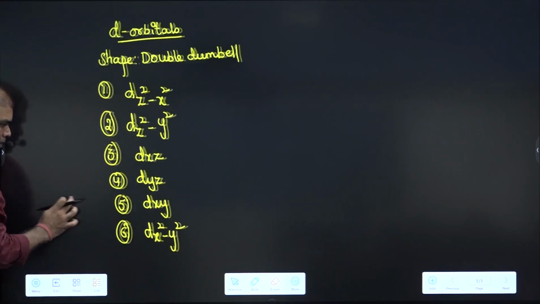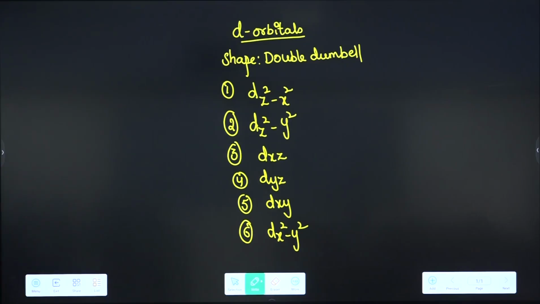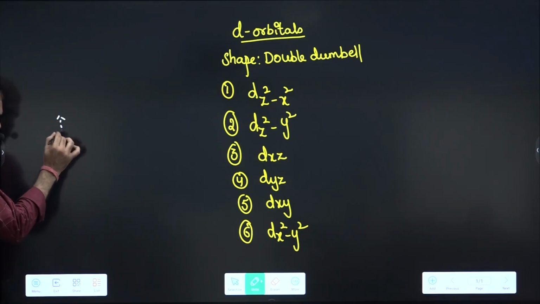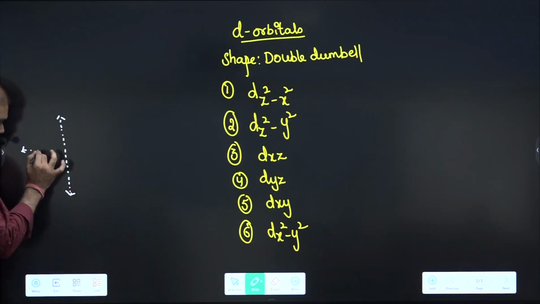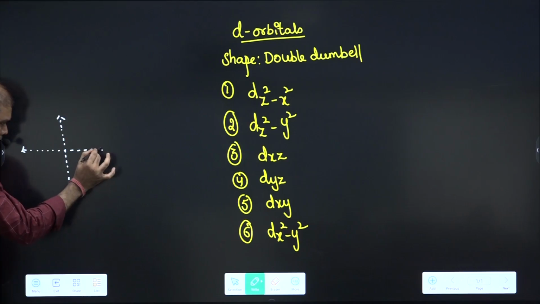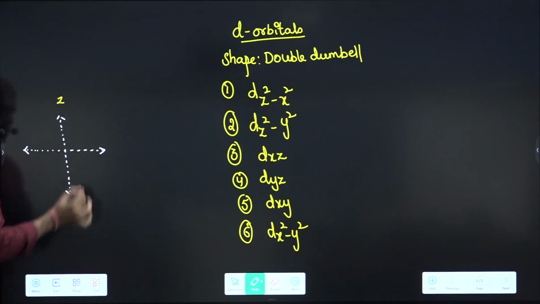Suddenly what do you see here? Six orbitals. Here what I am doing is, consider this as Z, this is Y.